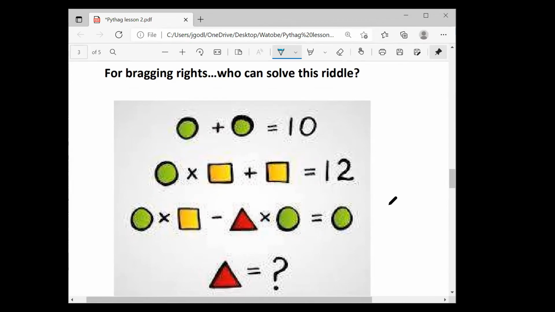Get out your piece of paper, see what you can figure out. You may want to remember things like BODMAS. That might help you. Maybe I'm being too nice.